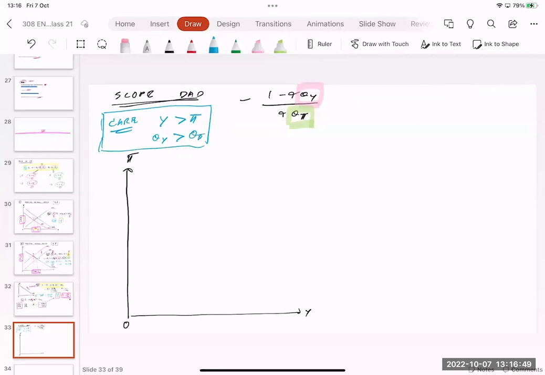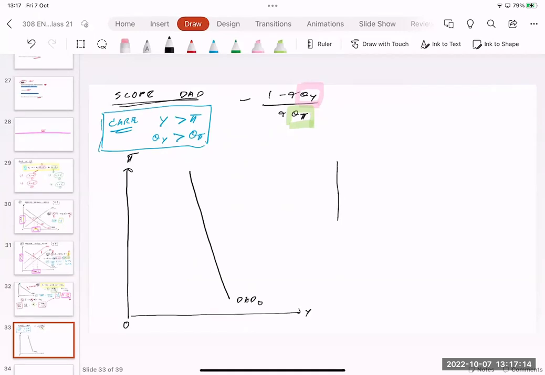Checking the slope formula, theta y greater than theta pi means the upper part of the fraction is greater than the lower part. So it makes the slope more negative. More negative means the slope of the DAD is steep, like this. This is the DAD at time 0.